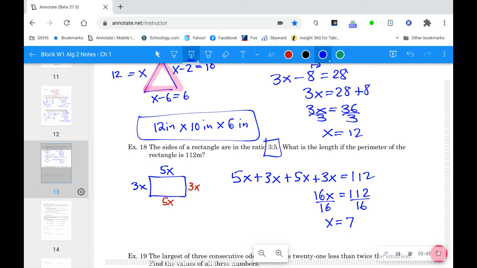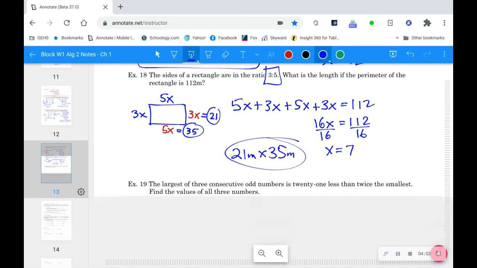Now we want the side lengths of the rectangle, so I've got to come up here and say 3 times 7 is 21. And 5 times 7 is 35. So the dimensions are 21 meters by 35 meters. And that's the size of the rectangle.